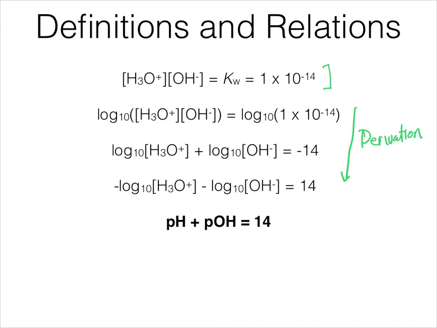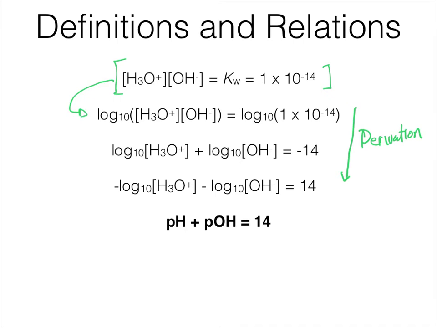I'm starting with relationships that I know, and I'm trying to figure out a new relationship based upon some algebraic manipulation. That's all a derivation means. So if I take this expression that I know, my concentration of H3O plus times my concentration of hydroxide is equal to 1 times 10 to the minus 14.